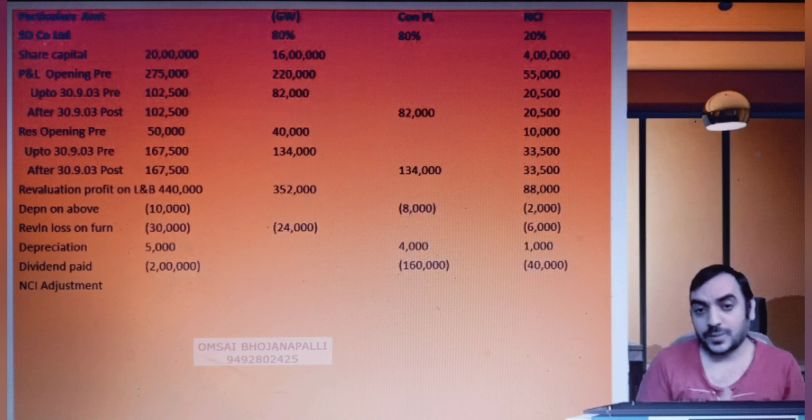So 30,000 within brackets loss, fair value adjustment. 30,000 fair value adjustment.